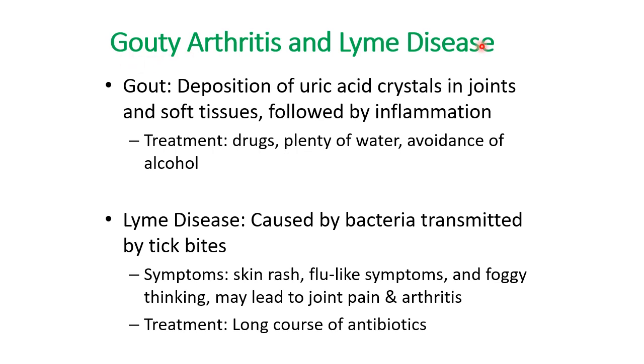And you also have Lyme disease that can cause presence of bacteria at the joints and can cause arthritis. So this is another type of problem derived from a bacterial infection. Gout is not. Gout is because of too much meat consumption and a tendency to develop it, and not drinking a lot of water. So if you drink alcohol on top of that and you get more dehydrated because alcohol dehydrates, then most likely you can get a gout attack.